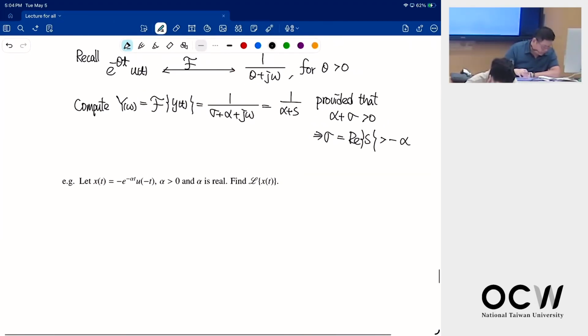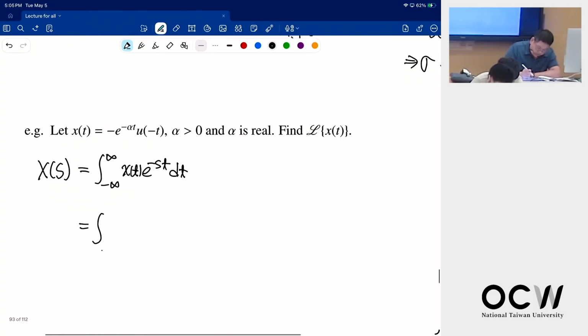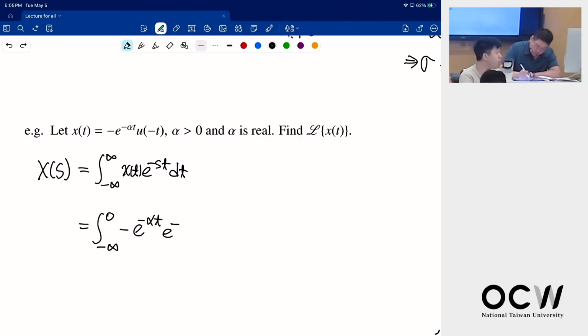Now you can see X of s, we only have values from negative infinity to 0, because of this reverse unit step function.